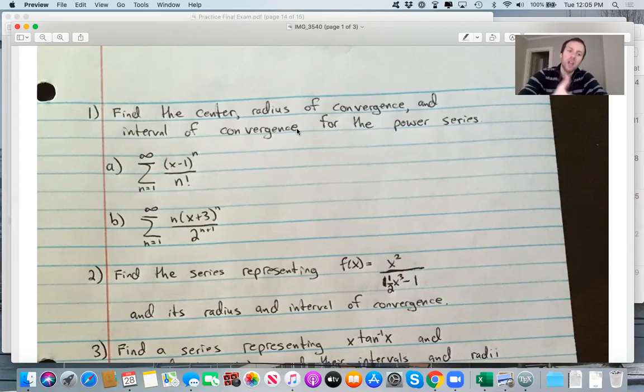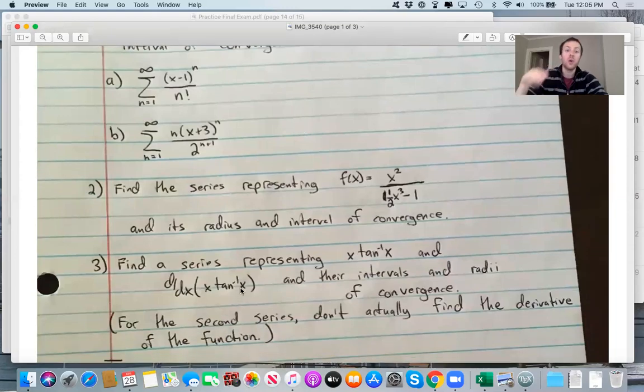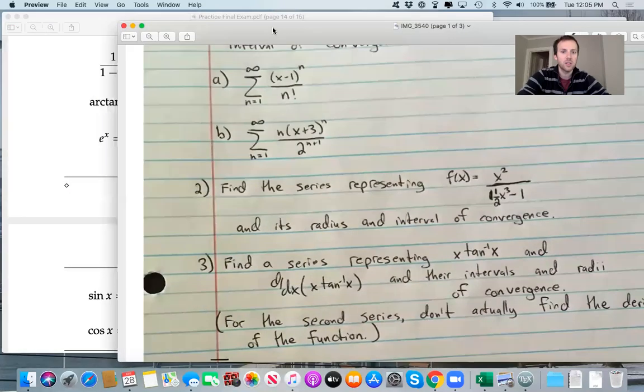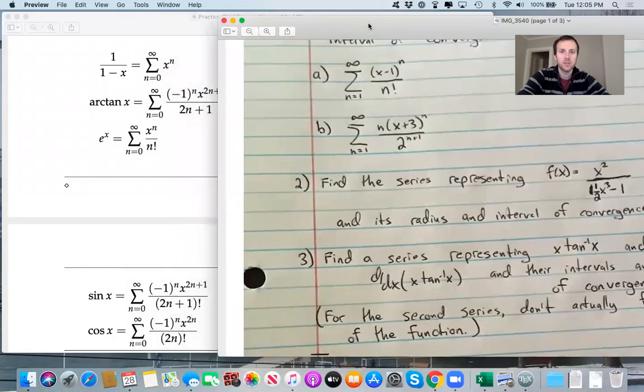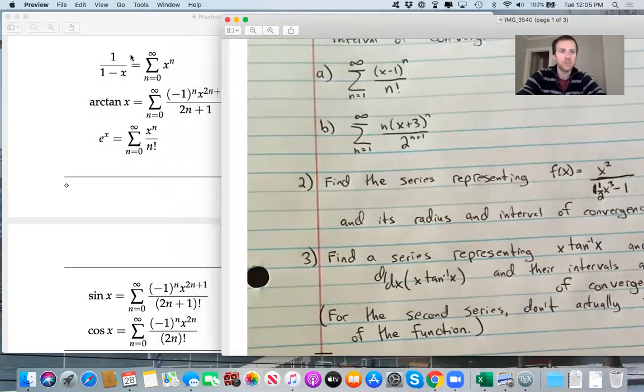The other type of question is you're given a function and you want to find a series for it. And this is where using some of those known series is useful. So in this second problem here, we're going to use this series right here.